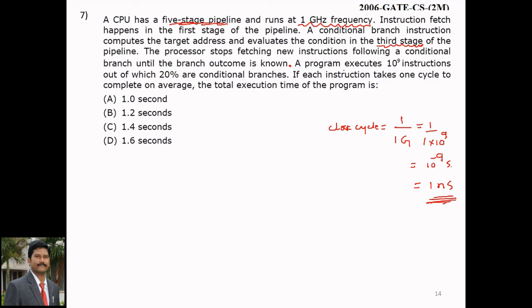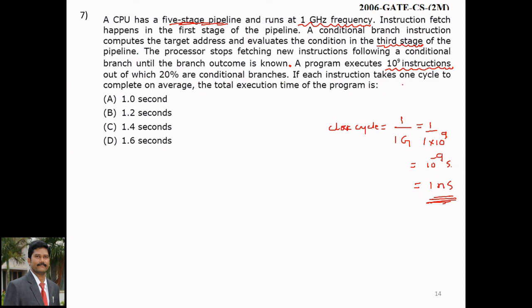A program executes how many instructions? 10 power 9 instructions are given, out of which 20% are conditional branches. That means for every branch instruction, 2 clock cycles will be wasted, flushed out, because you don't know until the third stage.